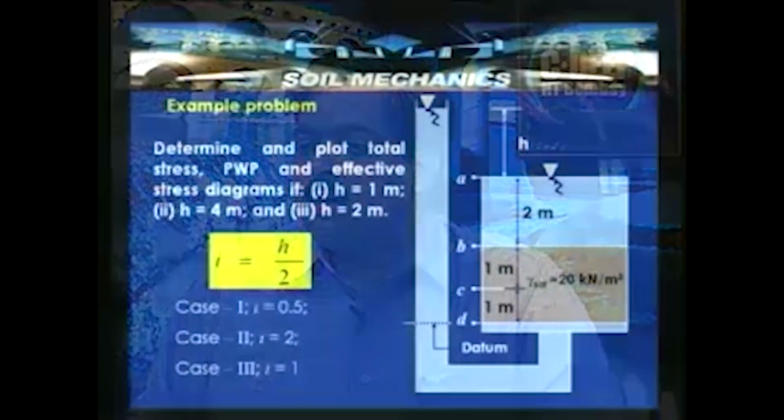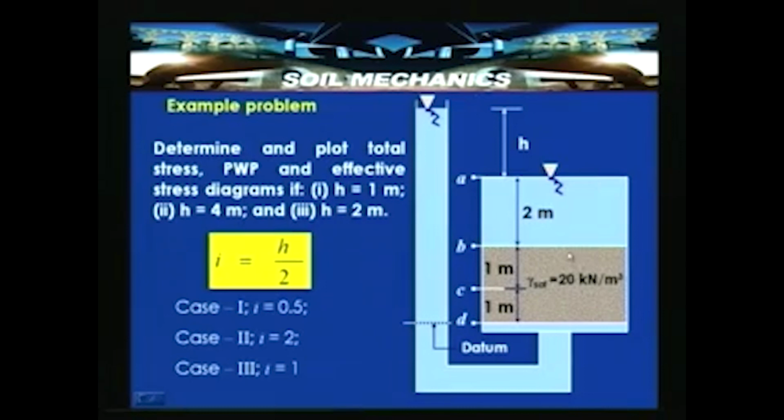Having seen the theory, let us now look into some problems. The example problem shown here has a similar arrangement, but assumes a saturated sand with a unit weight gamma sat equal to 20 kilonewton per meter cube, with water resting above the top surface of the sand, and this level is maintained.